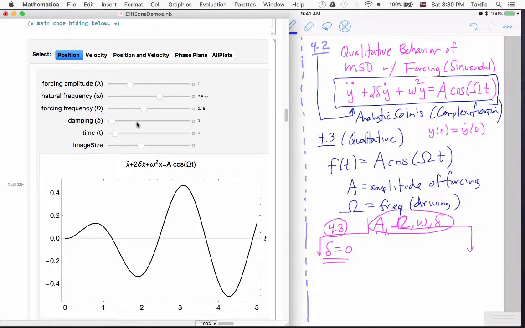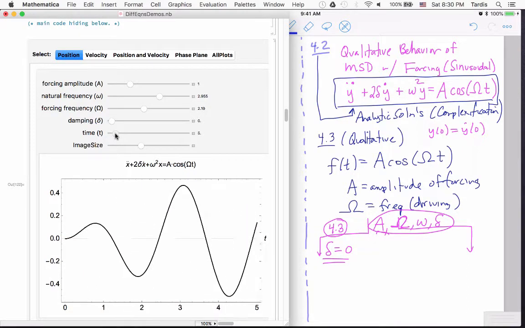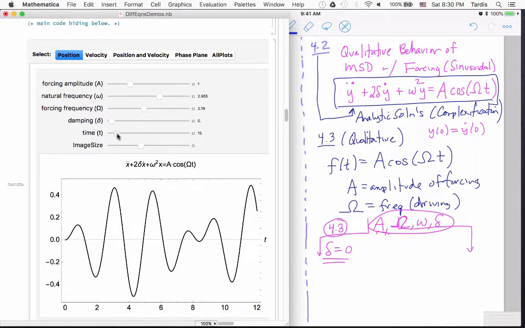Then we look and see what can happen to the solution. What we're trying to focus on is qualitative behavior. Here I'm enlarging the solution for more time, so I've gone from time 0 to 12 now.